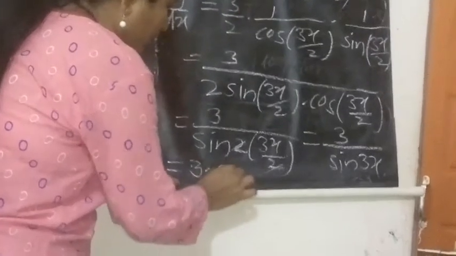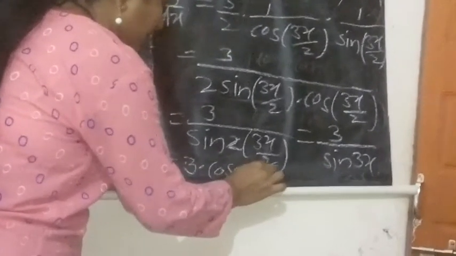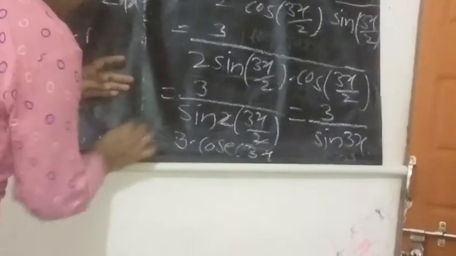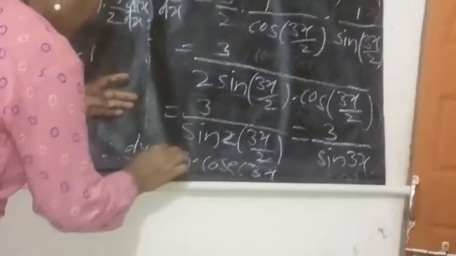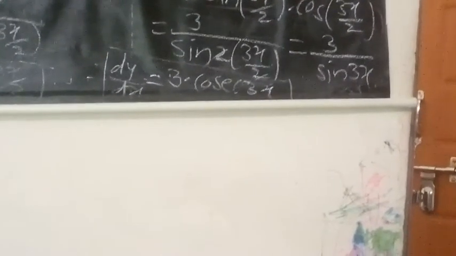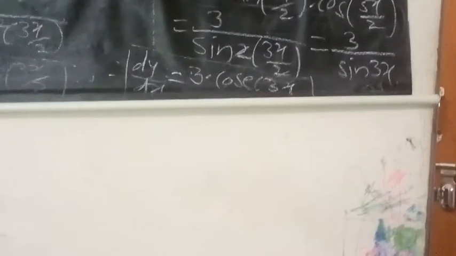Therefore 3 into cosec 3x. And this is the derivative of the given function y is equal to log of square root of (1 minus cos 3x) upon (1 plus cos 3x). Now let us see the next example.